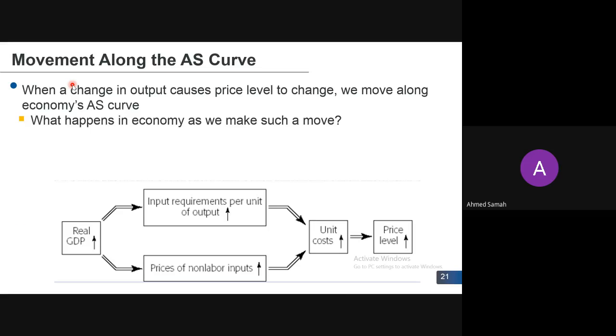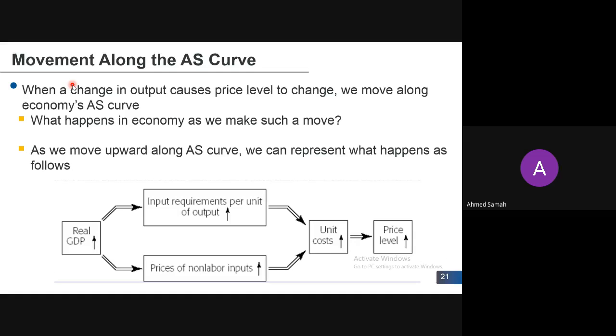So what happens in the economy as we make such a move? As we move upward along the aggregate supply curve, we can represent what happens as follows. When there is an increase in real GDP, that means there is a shift in the aggregate demand curve. It will lead to two things. One is that input requirements per unit of output will increase, because the total output is now increasing.